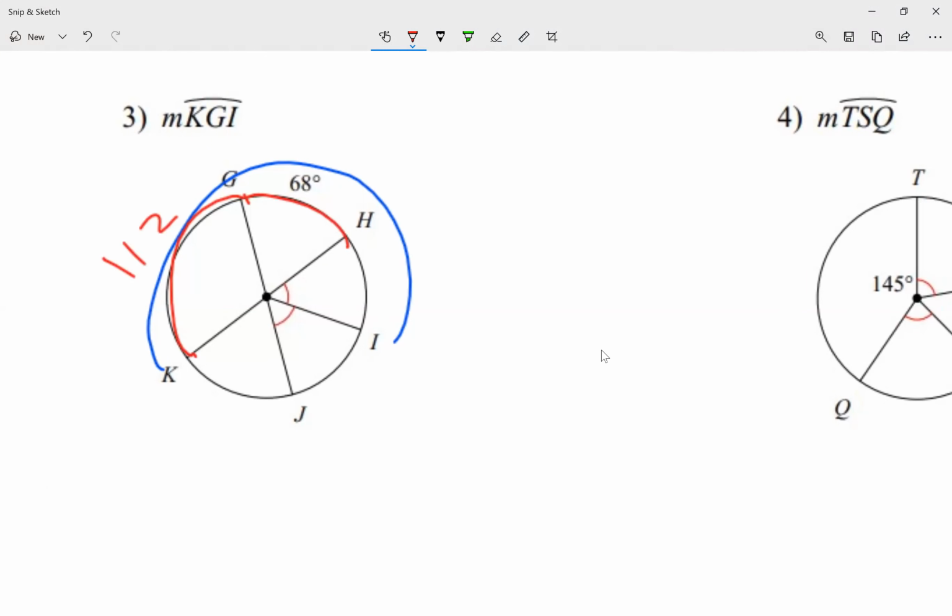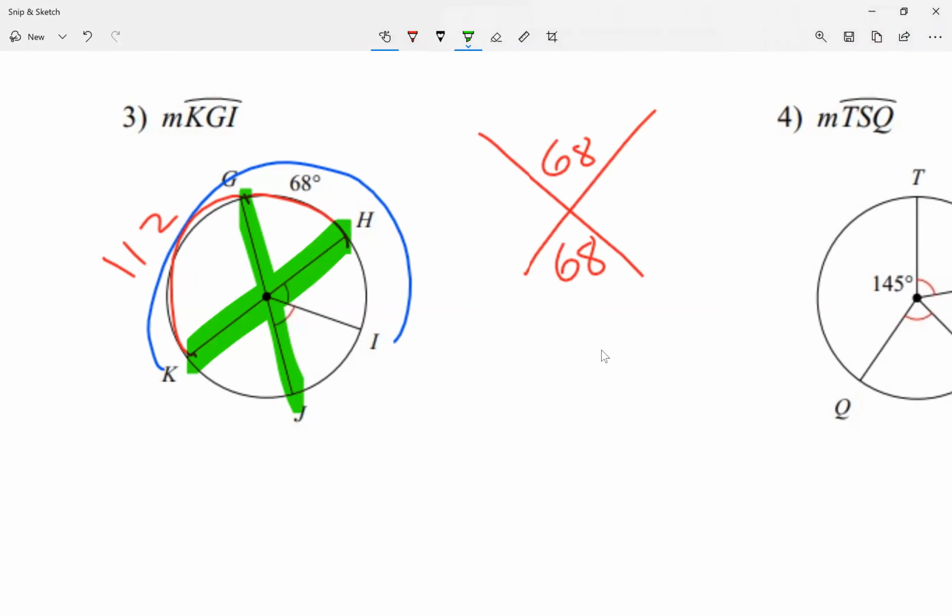And I remember a rule that I mentioned to you guys before. When there's an X form, opposite angles are equal. So if one side was 68 degrees, the other angle on the opposite side will also be the same. Remember vertical angle theorem? I see an X form right here. So I'm going to say this right here, it is 68 degrees.